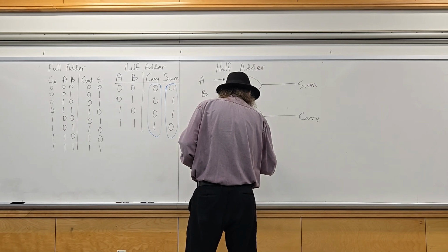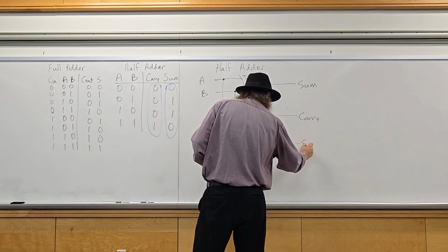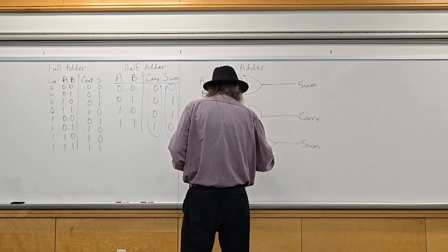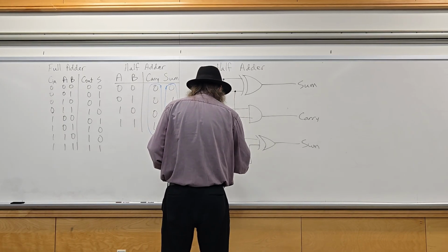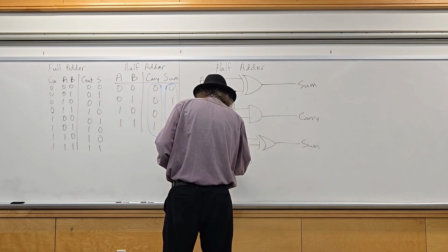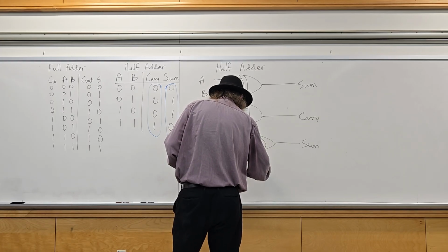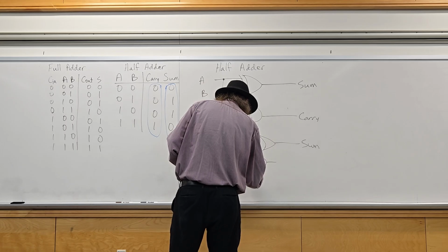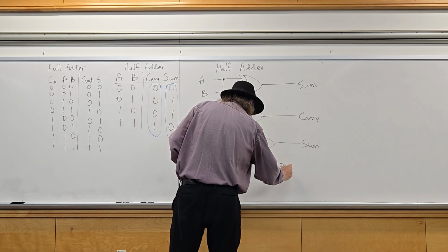Add your CN to that. That's your sum. And then you have your carry.